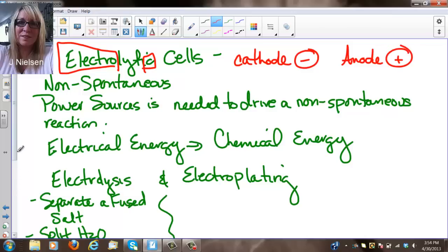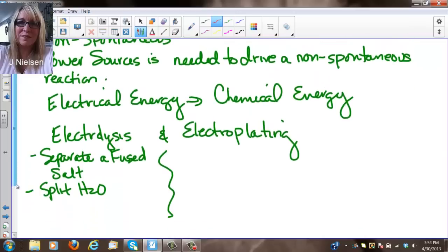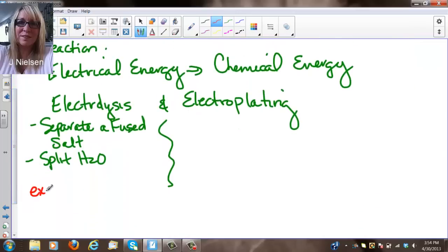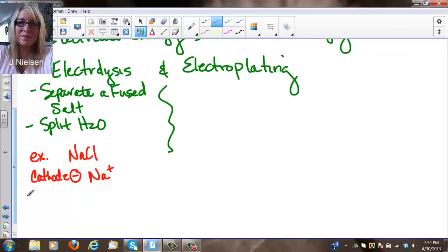And then everything is opposite in a voltaic cell. So, for example, if I were going to split NaCl, the cathode, which is negative, would attract the Na plus ions. The anode, which is positive, would attract the Cl minus ions.